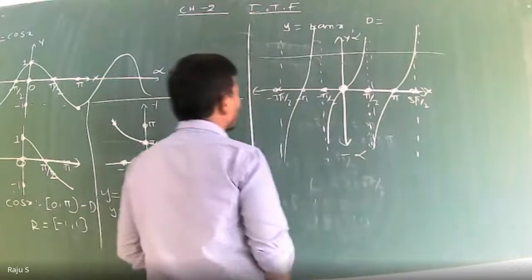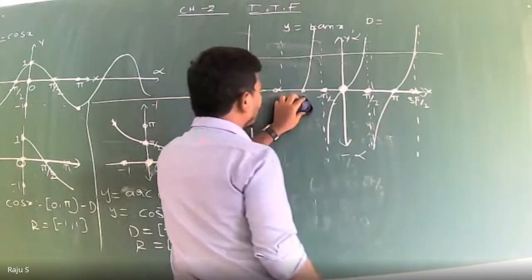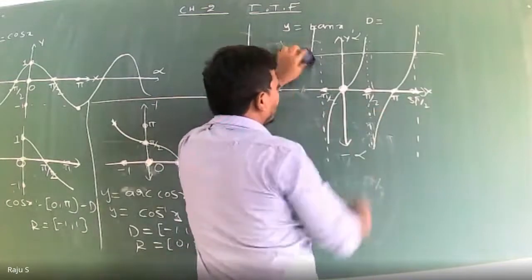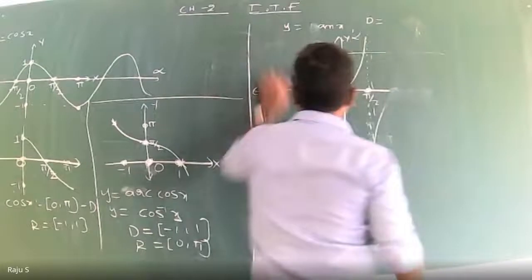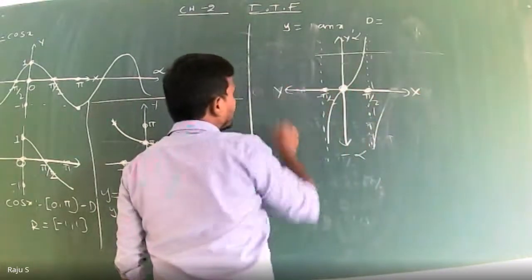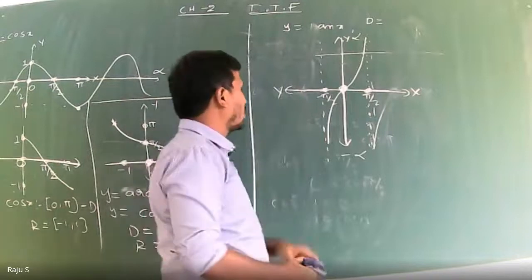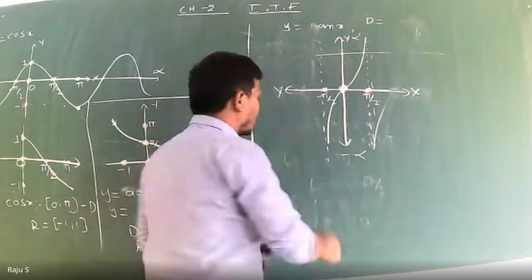So here I want to restrict from minus infinity to infinity to just minus 90 to plus 90. That's it. This is the x-axis, this is the y-axis. Fine, I restricted the domain to minus 90 to plus 90.